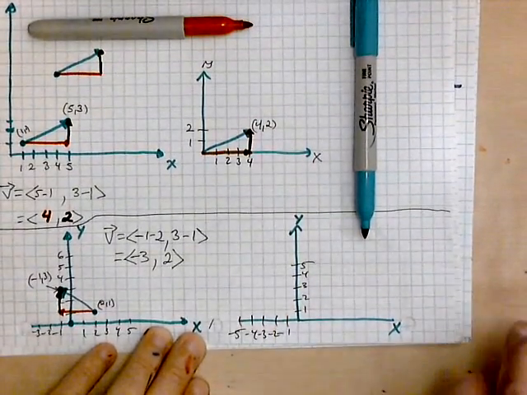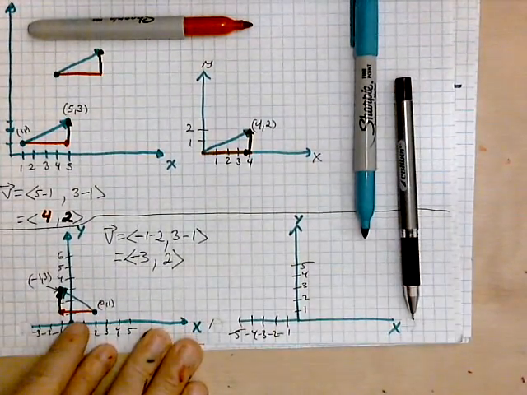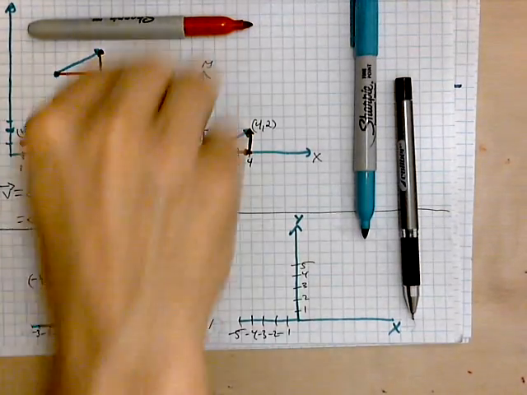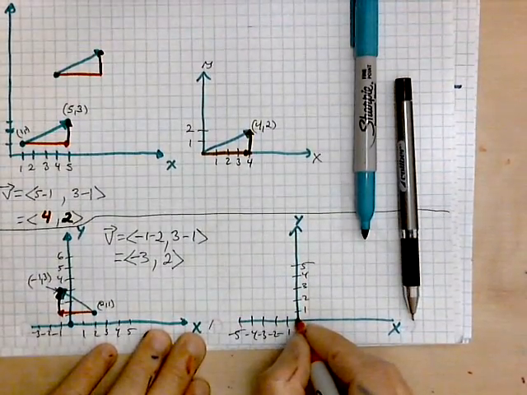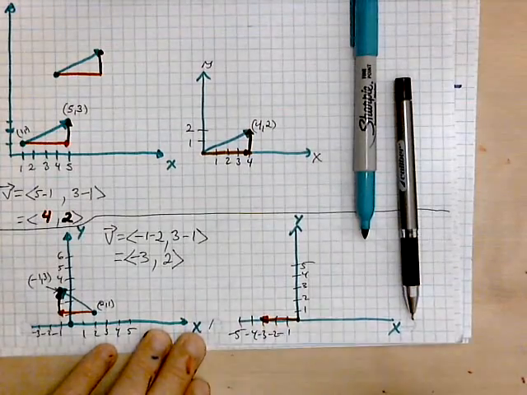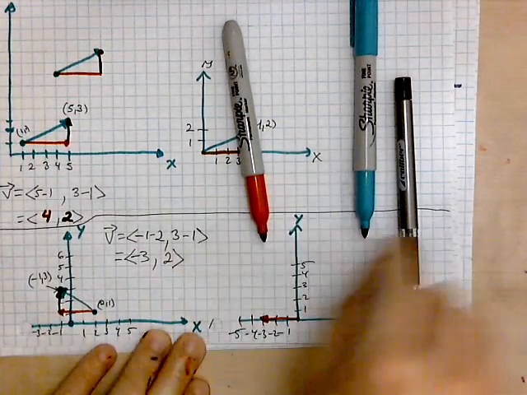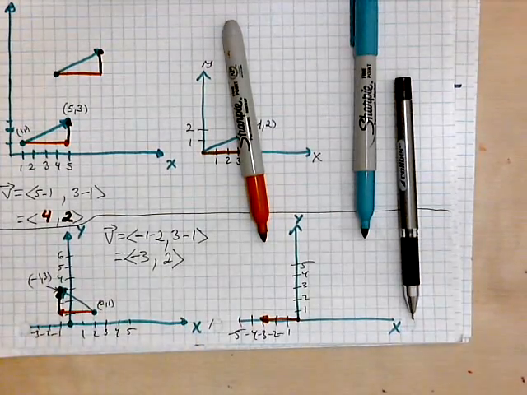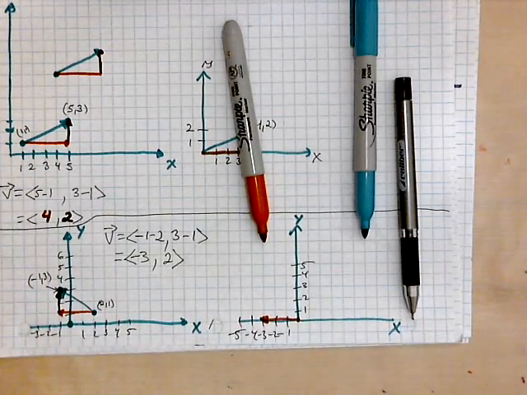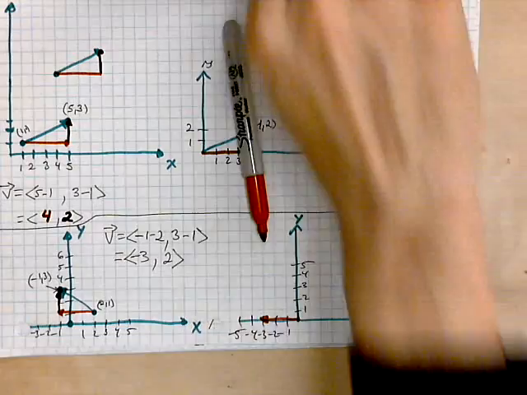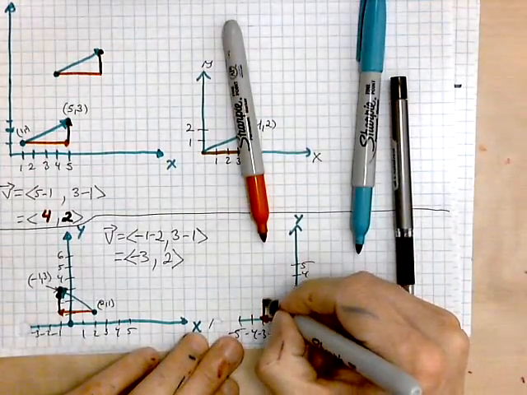Now draw in the components. So the red one is -3. So remember, you're beginning at the origin and 3 to the left. Then that's a 2, so you turn and you go 2 up.